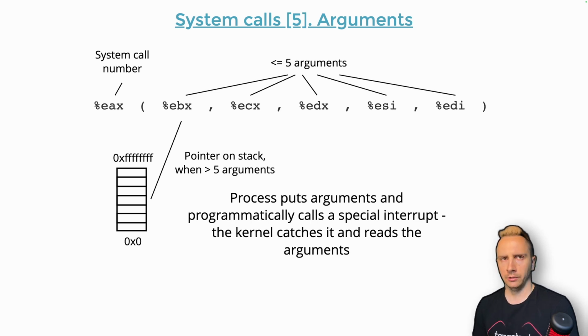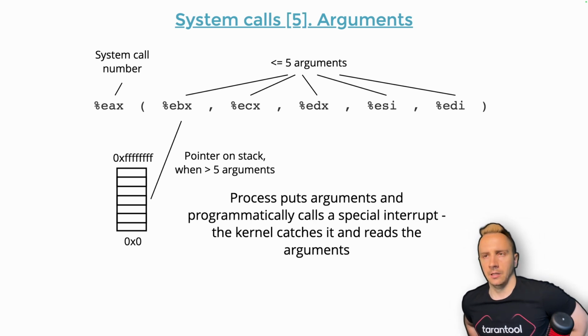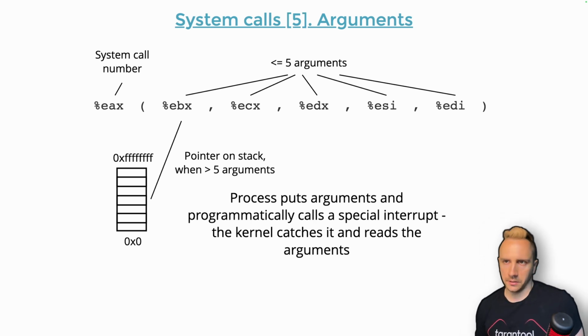About arguments, I would only say that the order of passing arguments to functions can be different in different systems. In Windows it's one order, in Linux it's another order. The instructions syscall and sysenter will be used by Linux, by Windows, and by Mac, but the implementation of the syscall handler will be different, and the numbers of the system calls will be different.